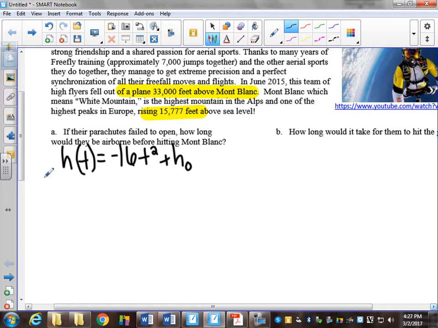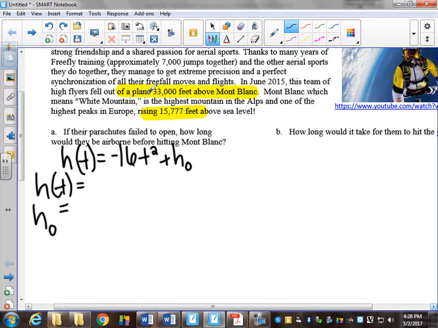So now we have to decide what our h of t is and what our h naught is. The question is asking if their parachutes failed to open, how long would they be airborne before hitting Mont Blanc? So our ending height, or our current height, is when they hit Mont Blanc.